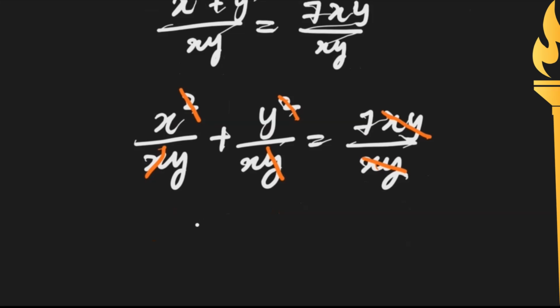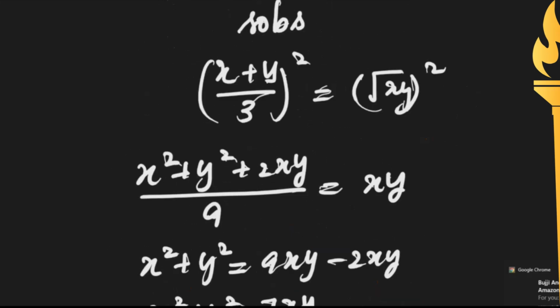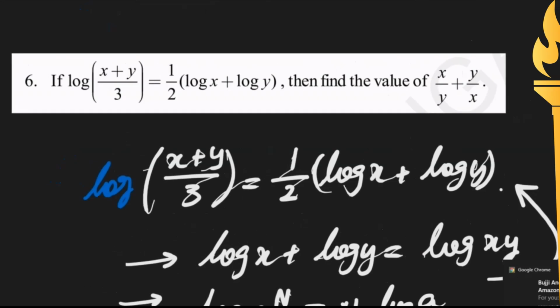So now we have x by y plus y by x is equal to 7. So this is the value they told us to find: if log of (x plus y) by 3 is equal to 1 by 2 of (log x plus log y), the value of x by y plus y by x will be equal to 7.